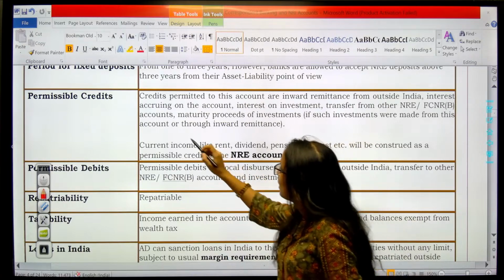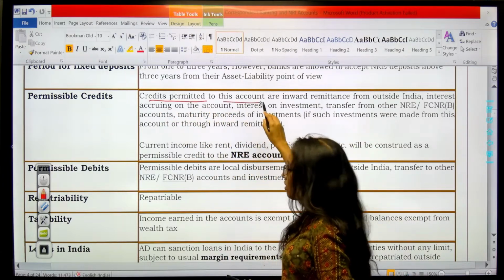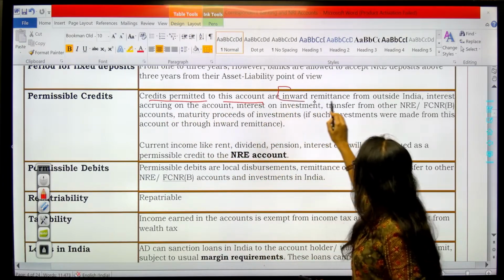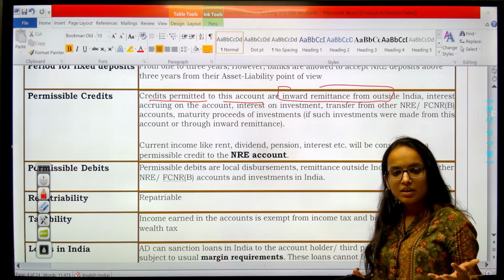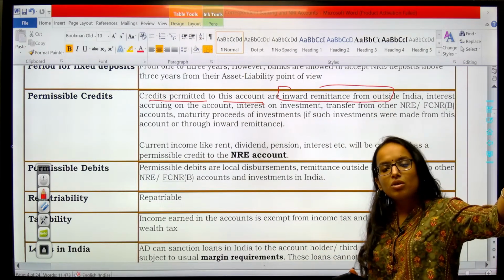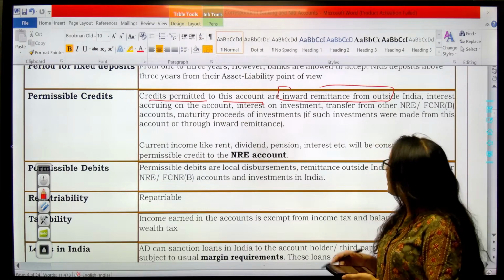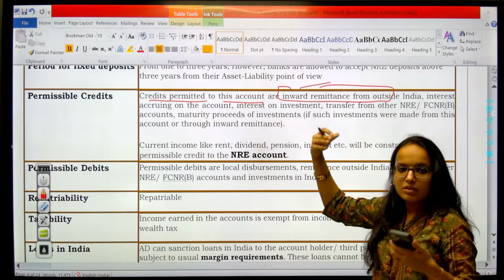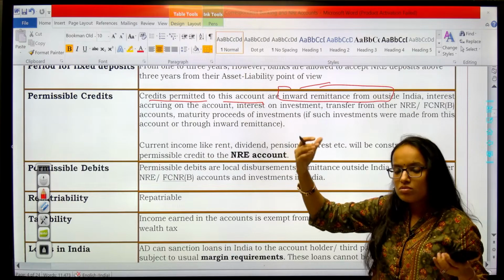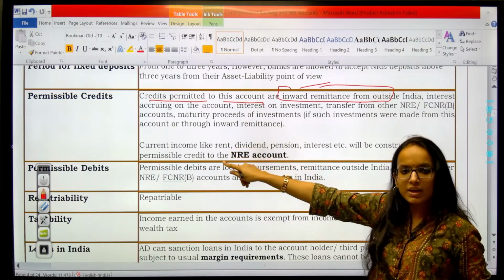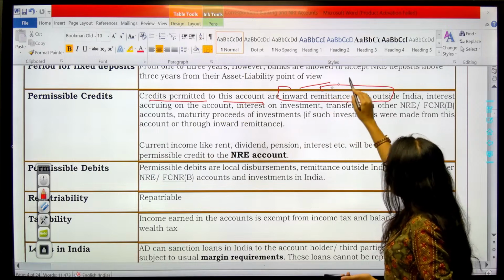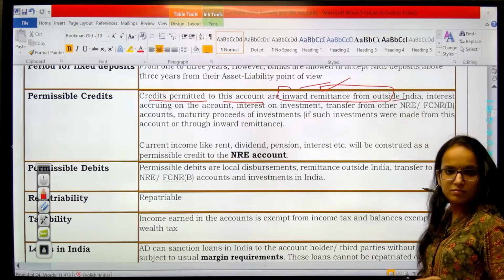So first thing, credits permitted to this account are inward remittance from outside India. First thing, remittances, as you know, right? The money sent by the non-resident Indians. So inward remittances, the NRI, PIO sending money to India, those will be accepted to be credited into your NRE account. First thing, inward remittance from outside India, this is allowed.